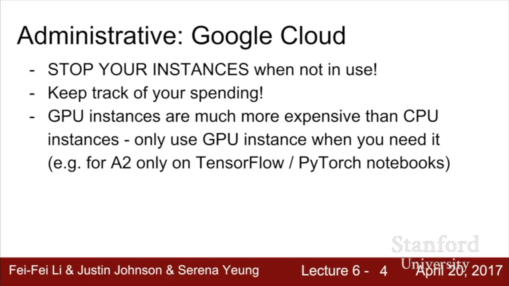For example, on assignment 2, for most of the assignment you should only need the CPU, so you should only use your CPU instance for that. But the final question about TensorFlow or PyTorch will need a GPU. So this will give you a little bit of practice with switching between multiple instances and only using that GPU when it's really necessary. And again, just watch your spending. Try not to go too crazy on these things.